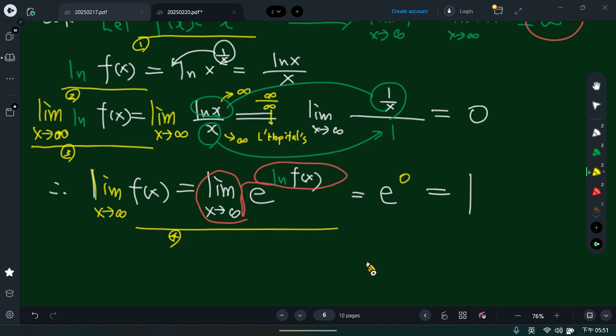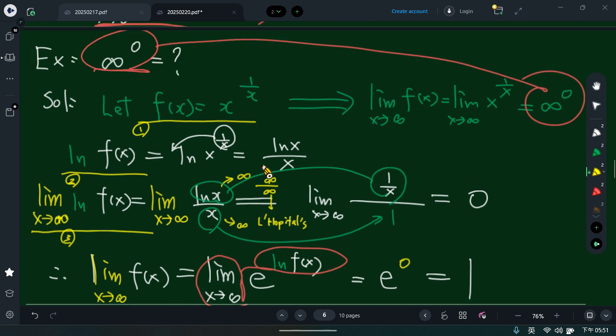So there are 4 processes to handle this kind of indeterminate power.